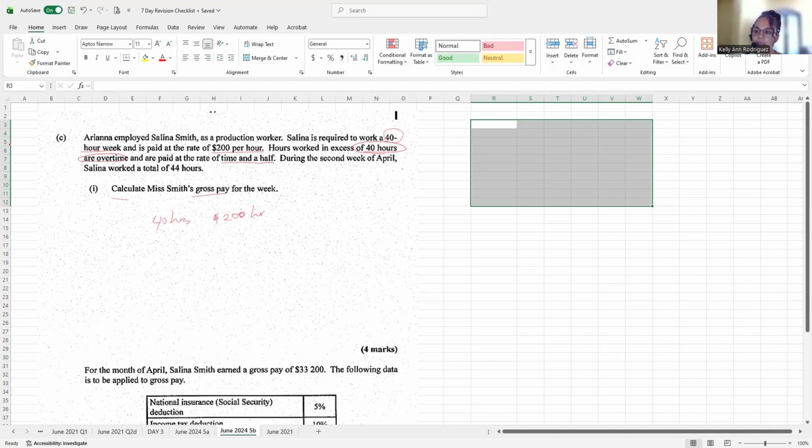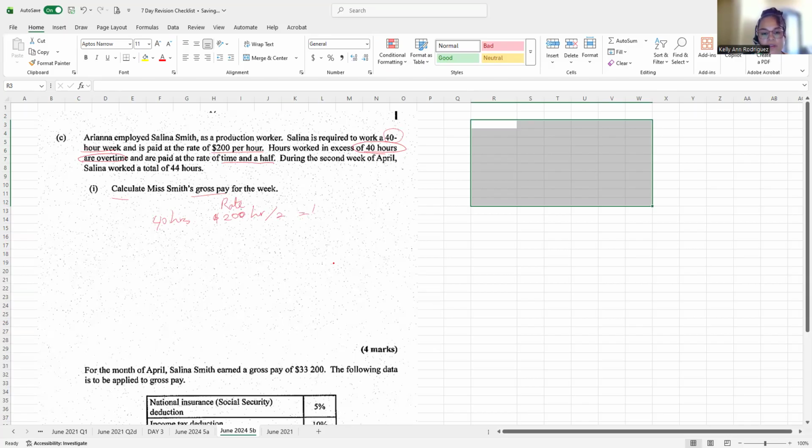So whatever the rate of pay is, you multiply it by 1.5, because your full rate is like 100%. So the rate is 1 and time and a half will be 1.5. Now another way, if you can't remember that, is whatever the rate is, in this case $200 per hour, you divide it by 2, which will give you half.